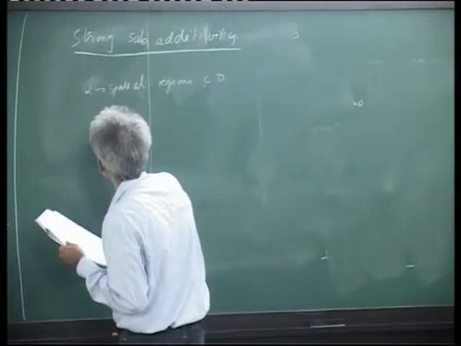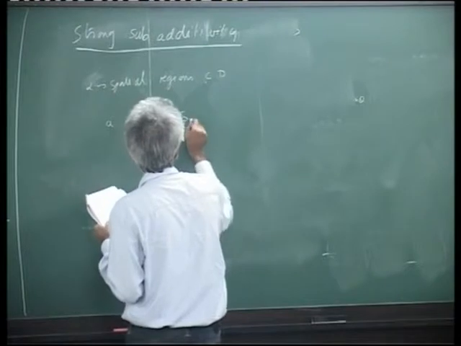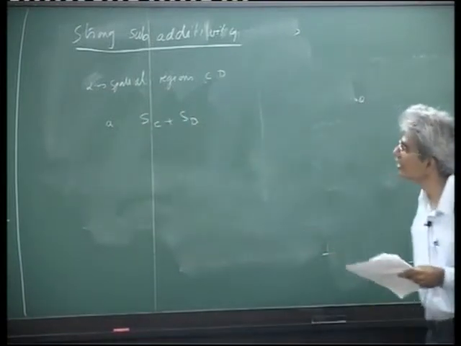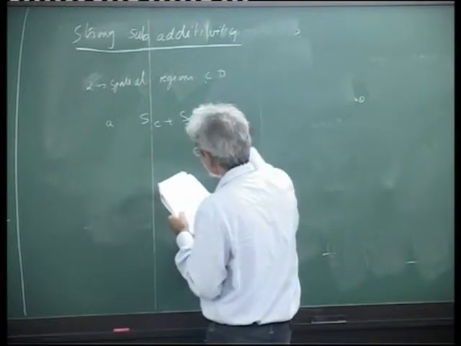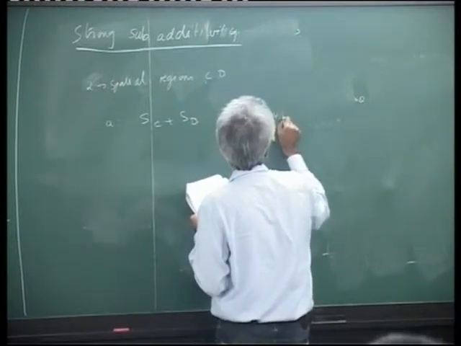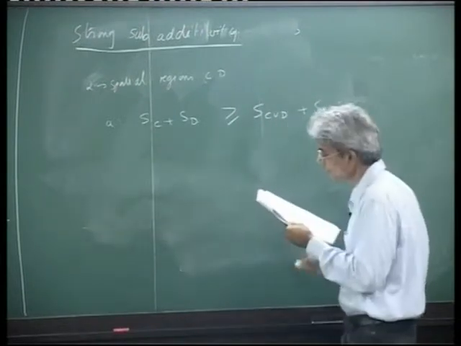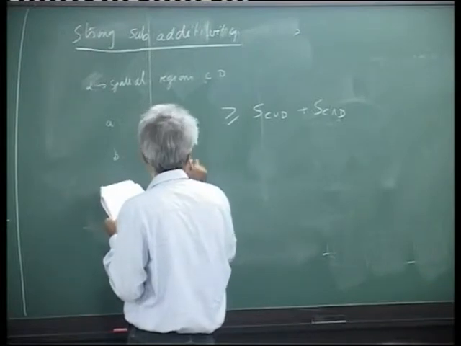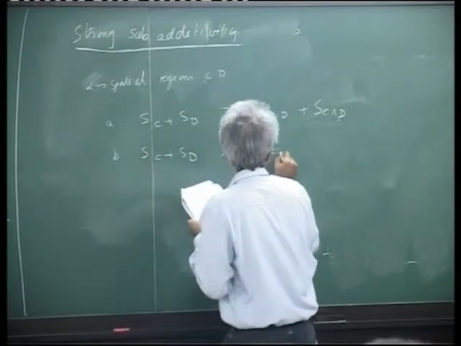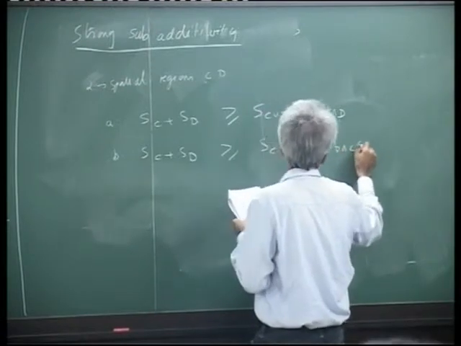Inequality A: S_C plus S_D, the entanglement entropy on C and D, which we just defined, is greater than or equal to S_{C union D} plus S_{C intersection D}. And there's another one: S_C plus S_D is greater than or equal to S_{C intersection D complement} plus S_{D intersection C complement}.